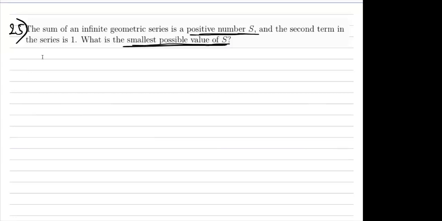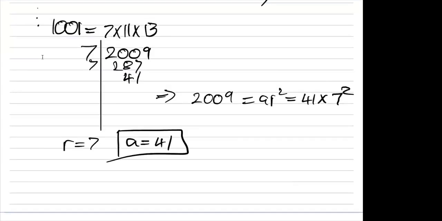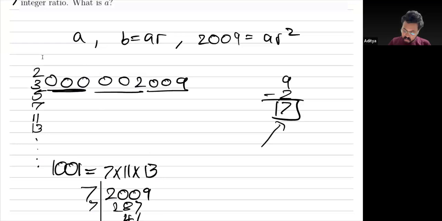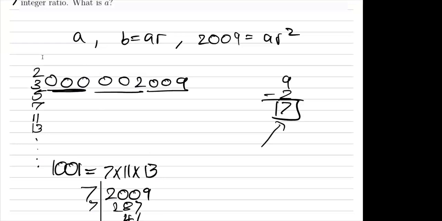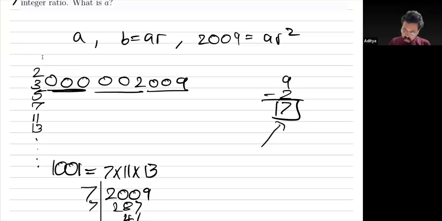So can you explain question number 22? Explain question 52. Yes. Here you have P + Pq + Pq² + Pq³ and so on to infinity equal to 3.